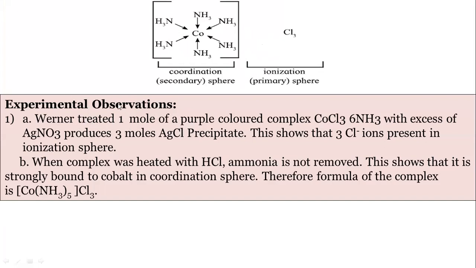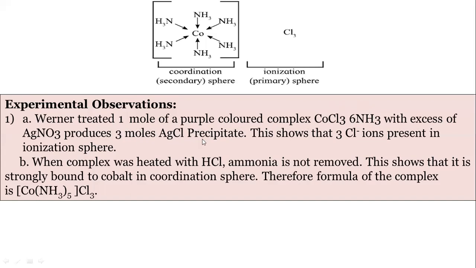By these experimental observations, we can find out the formula. Werner treated 1 mole of the purple colored complex CoCl3·6NH3 with excess AgNO3, and he found that 3 moles of AgCl precipitate.